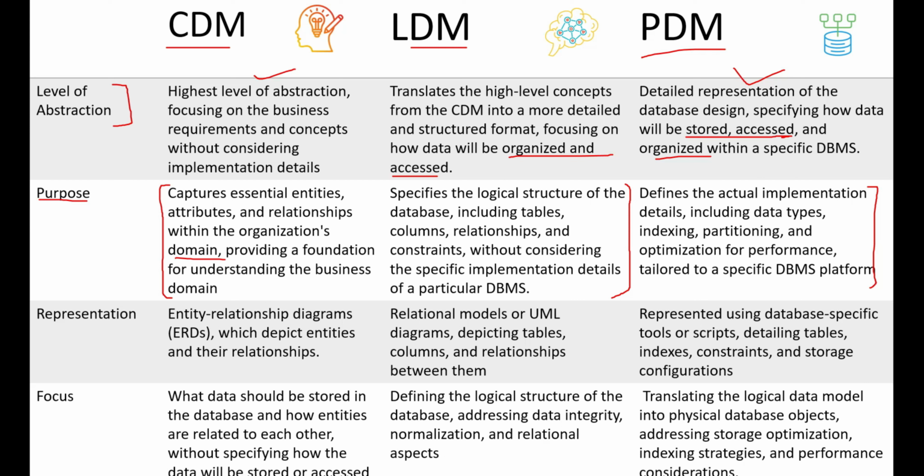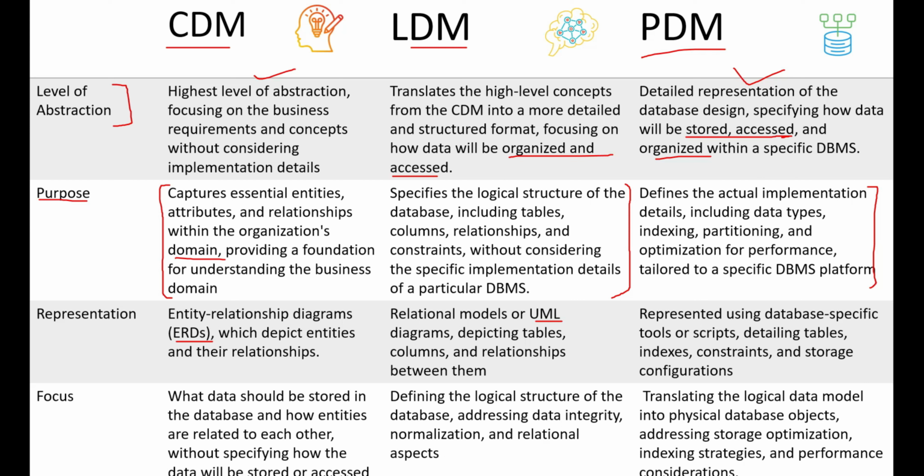Okay. And representation. How do you represent the CDM? What is the output of a CDM? What does it look like? CDM is usually an entity relationship diagram, ERD, right? And LDMs are usually a relationship model. Again, it might be an ERD, or it might be UML diagrams. UML is Unified Modeling Language, and it depicts tables, columns, and relationships between them.